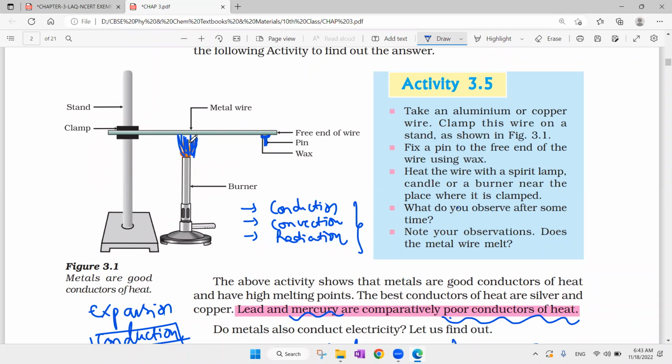Heat energy is transferred from one point to another point of the same body, and that is known as conduction. Try to understand. Conduction is the method where heat energy is moving, passing from one point to another point in the same body.